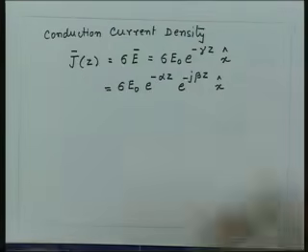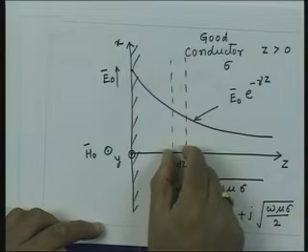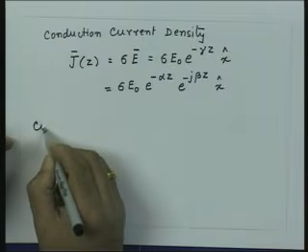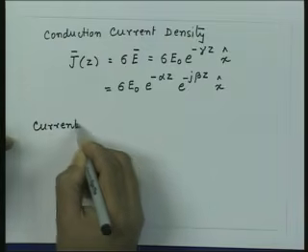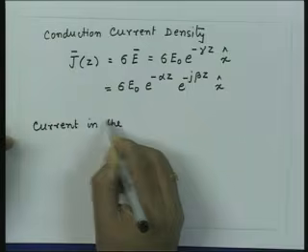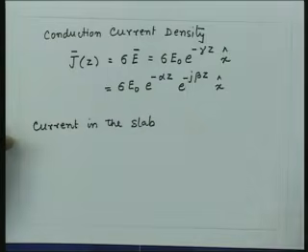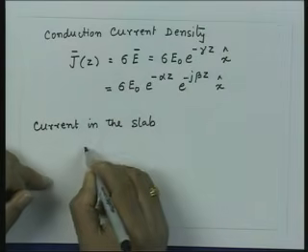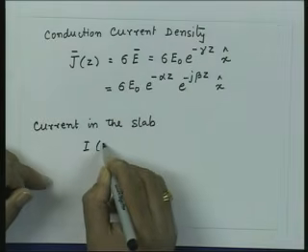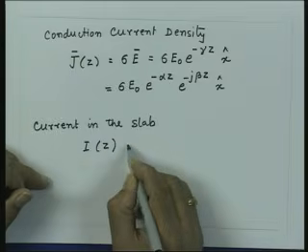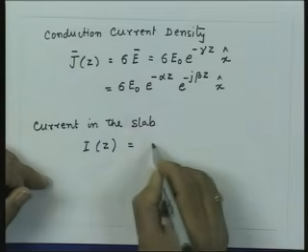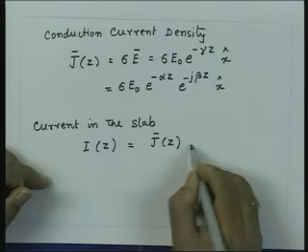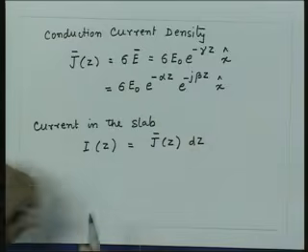So, I have here now the current flowing in this small region. So, the current in the slab, this slab, that will be I of Z, that will be conduction current density J of Z multiplied by dz.